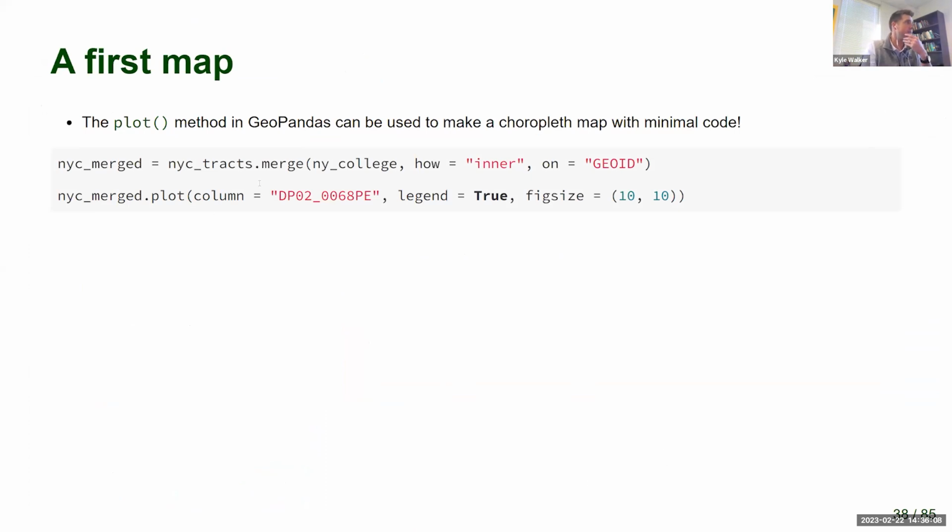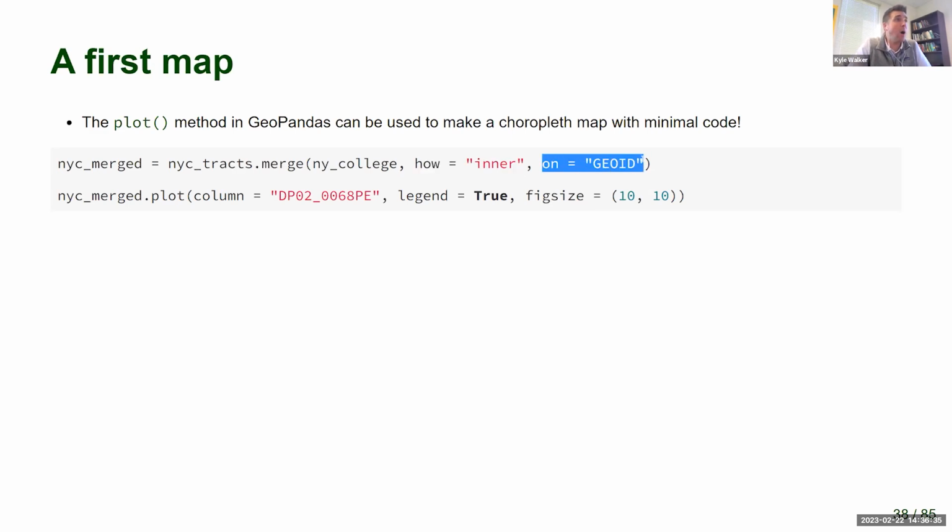You can read this as: take my New York City census tracts, merge information from my college education data set to my census tracts.